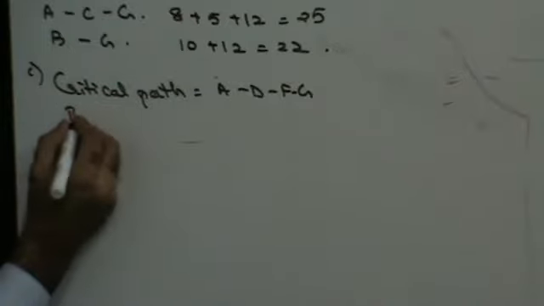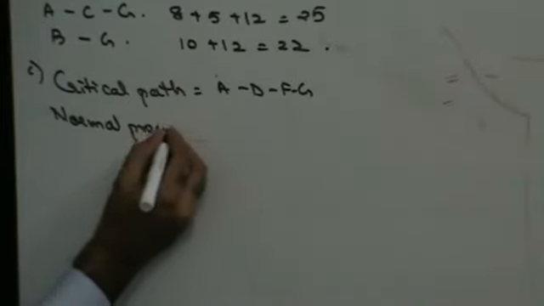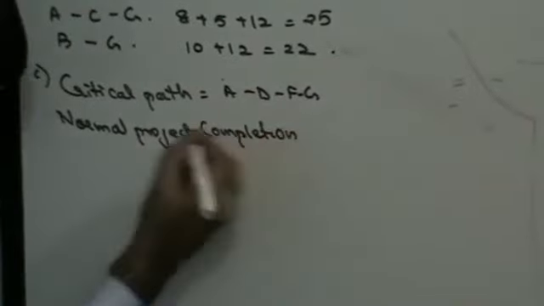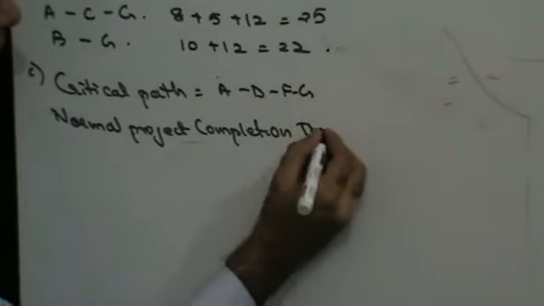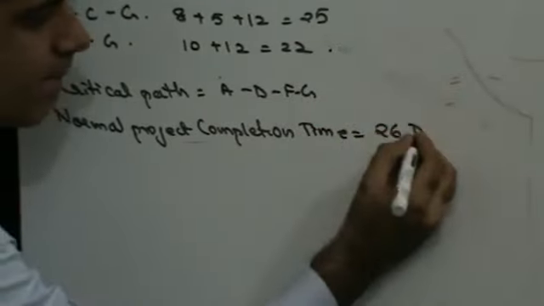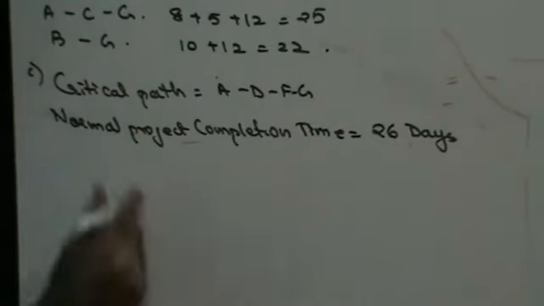Okay, and my normal project completion time is 26 days. Okay, now next I need to find out my direct cost.